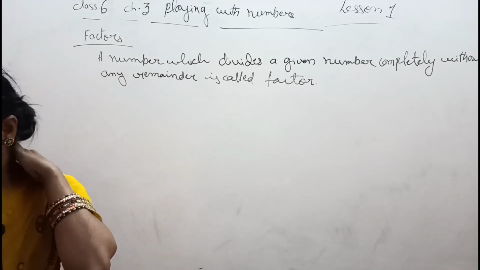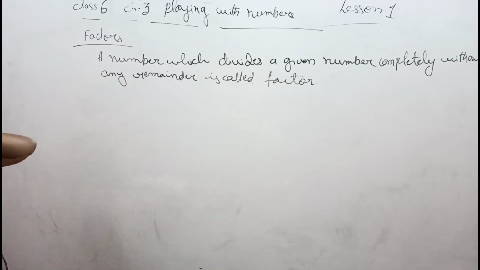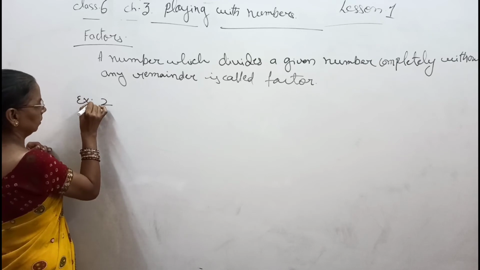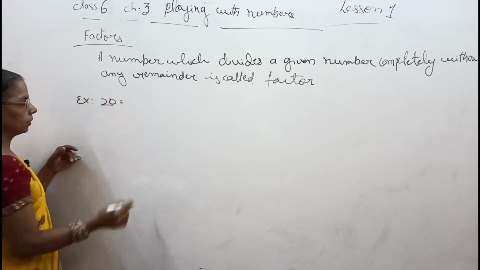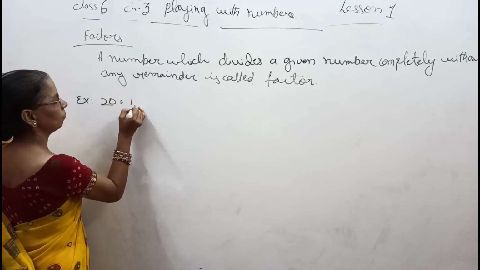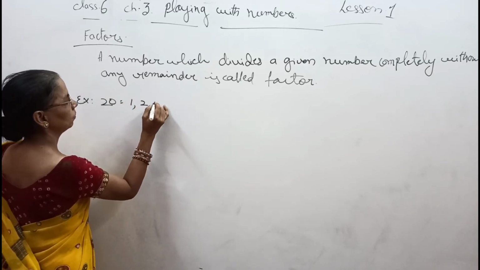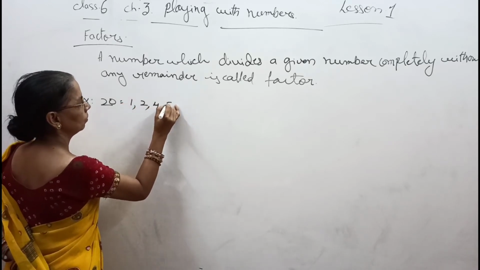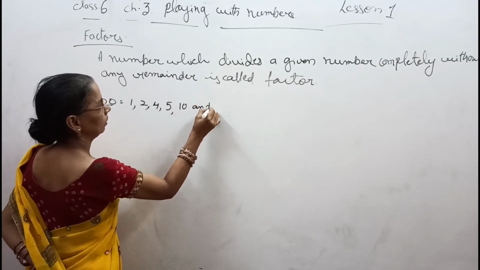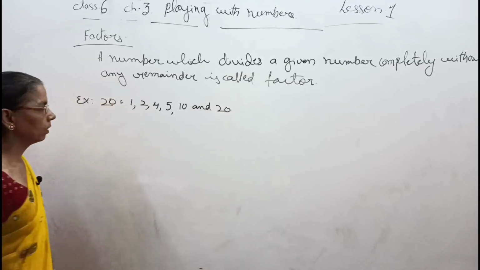Now, take as an example 20. The number 20 is divisible by 1, 2, 4, 5, 10 and 20 itself.